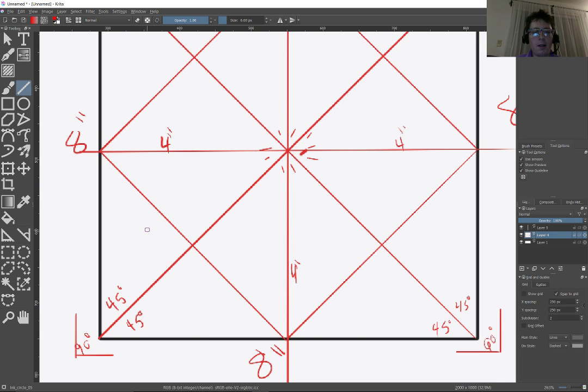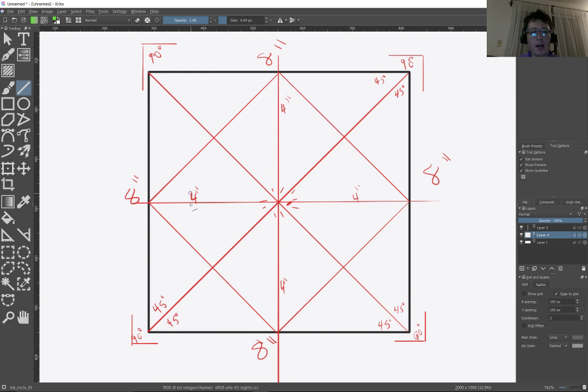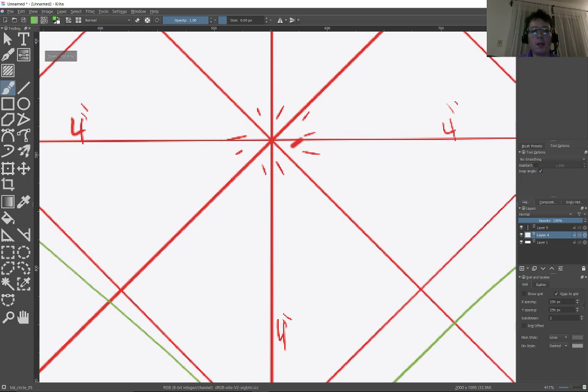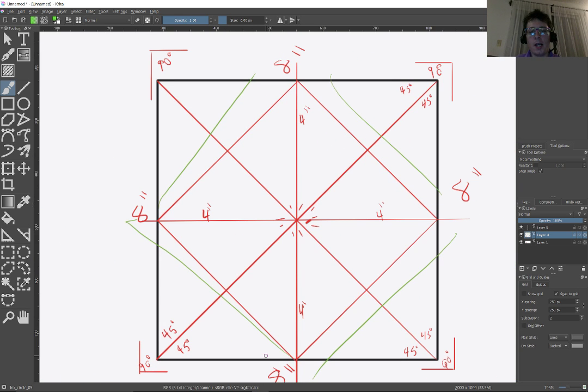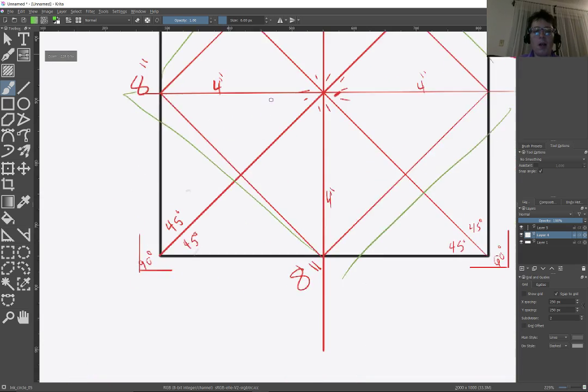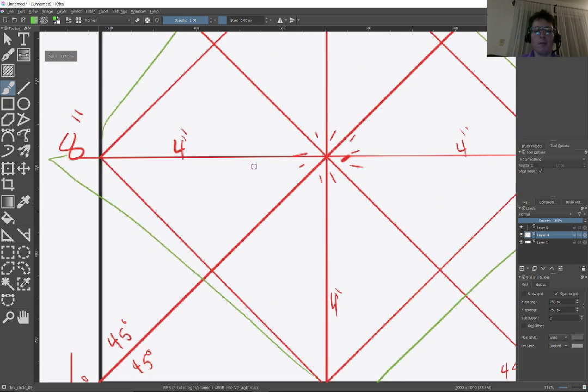Now I've got a square inside of here that is exactly 45 degrees rotated. And also, all of these inner lengths are going to be, I don't know the lengths, but you can figure it out. There's a mathematical formula for it.